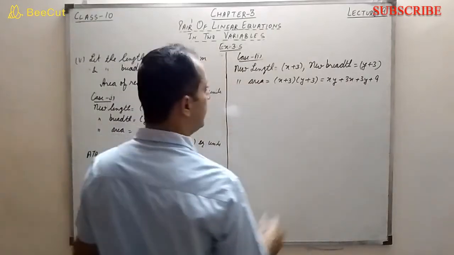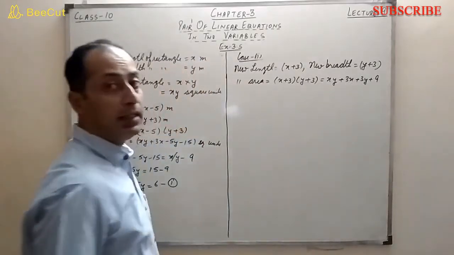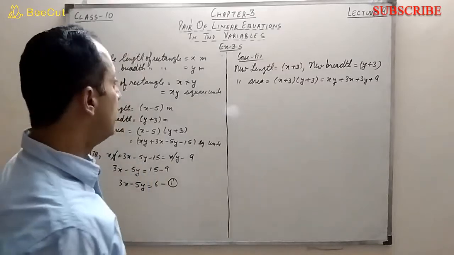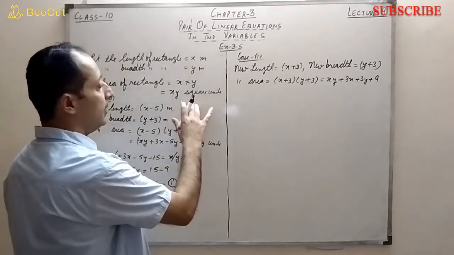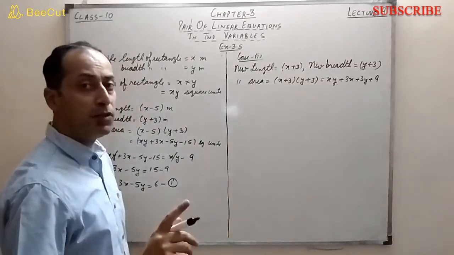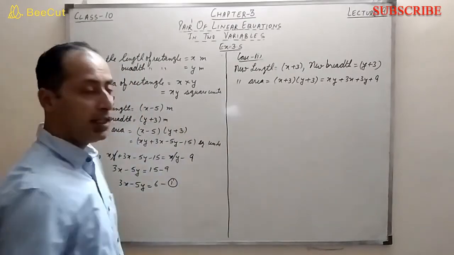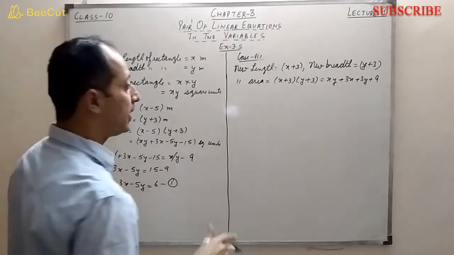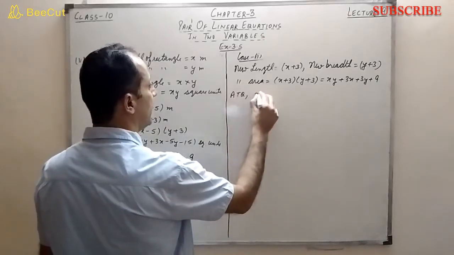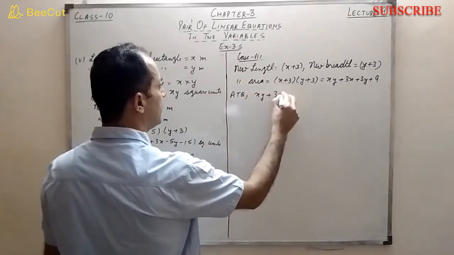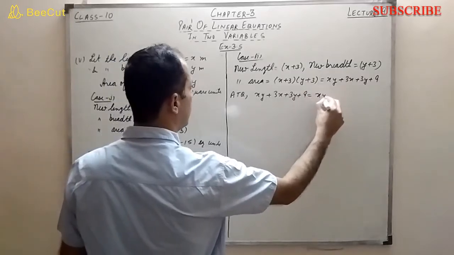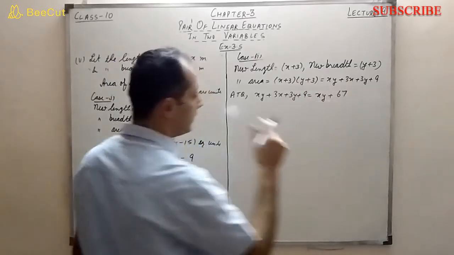Now what they say is, when we do this, the area increases by 67 square units. It means this area is 67 units more than the original area. So I write, according to the question, xy plus 3x plus 3y plus 9 equals xy plus 67.